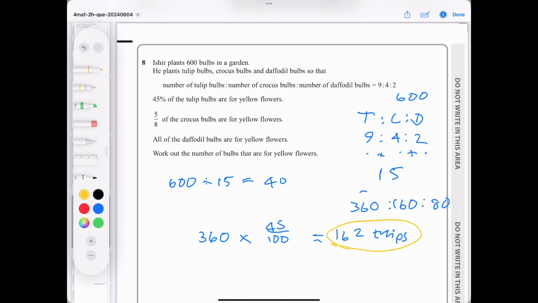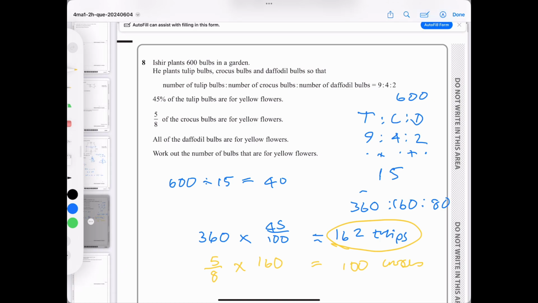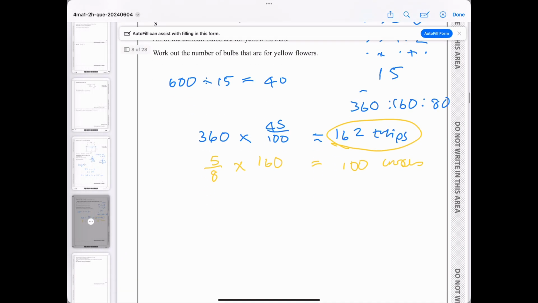Then 5/8 of the 160, you can use your calculator for this: 160 divided by 8 is 20, times 5 equals 100, so 100 of the crocuses. And then finally 80 of the daffodils.